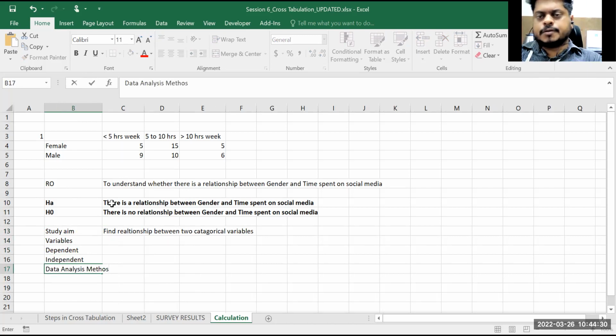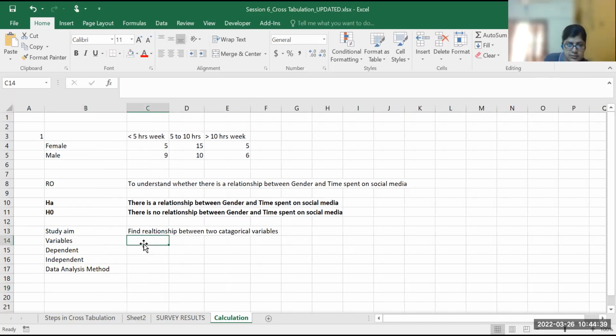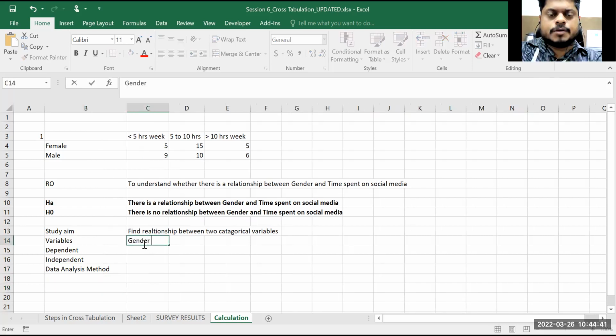What are my variables here? Gender and hours spent. So gender, so that is categorical. Hours spent on social media, that also in this particular case it is given as categorical, right?